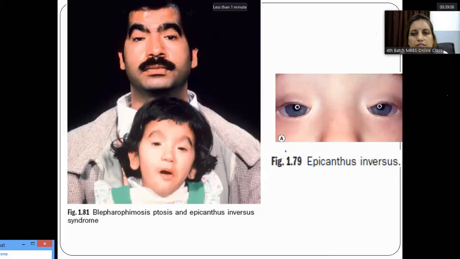So this is epicanthus inversus along with blepharophimosis.